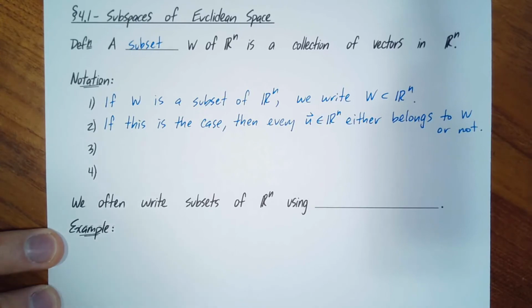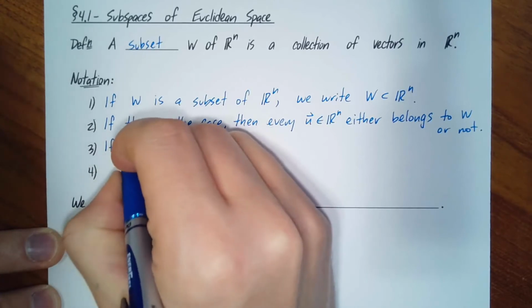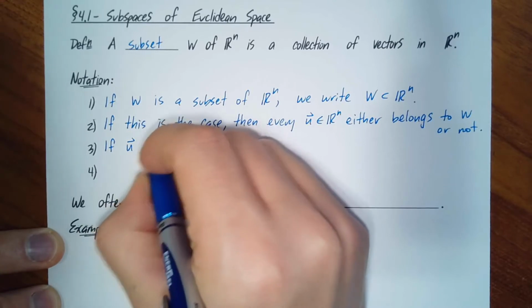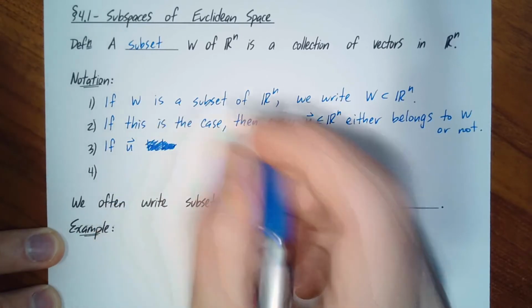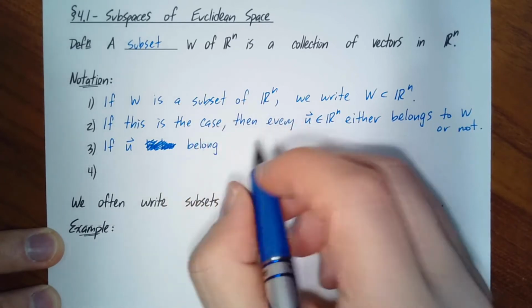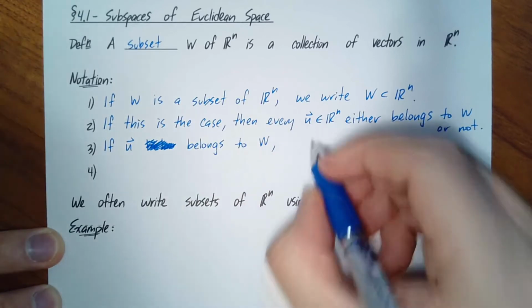So if it happens to be the case that this vector is in W, we have a notation for that. If the vector U does belong to W, then we write the following.